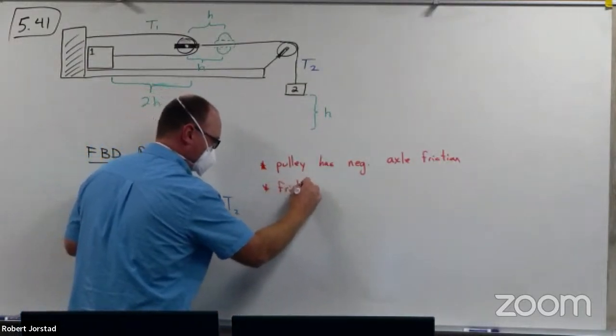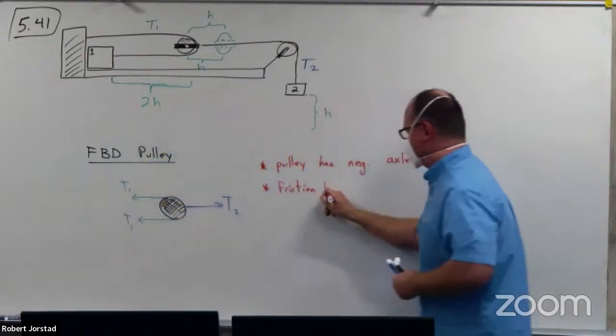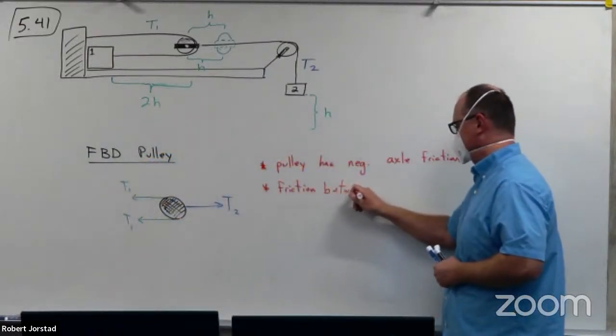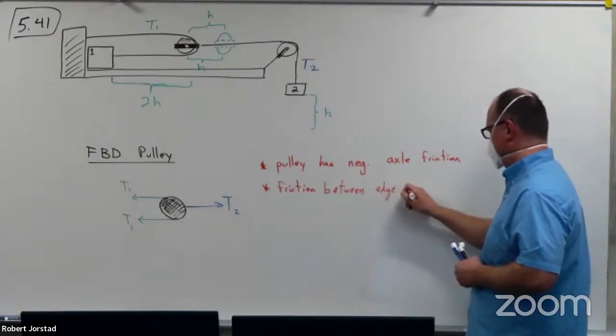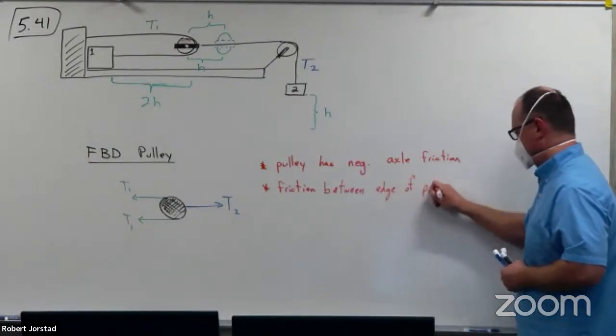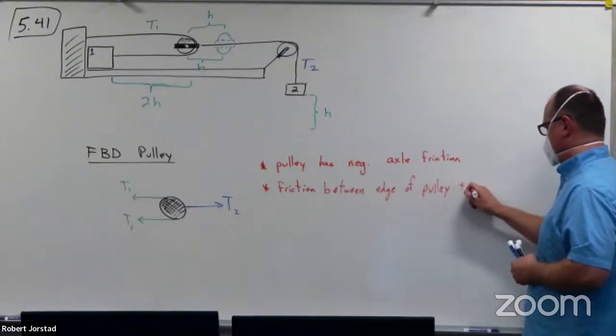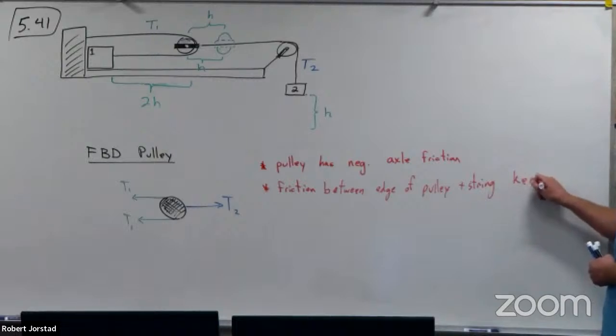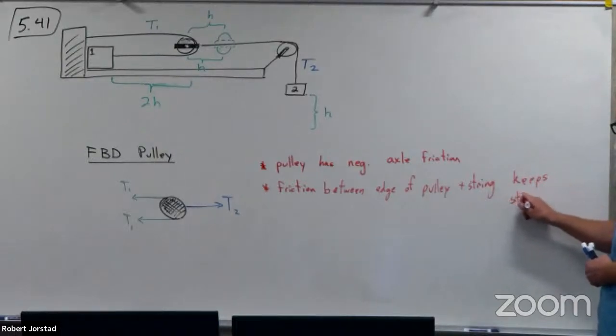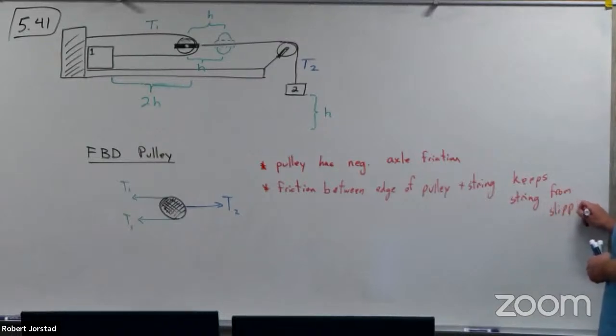Friction between the edge of the pulley and string keeps the string from slipping. If there's no friction, it would just slide over, and the pulley wouldn't rotate.